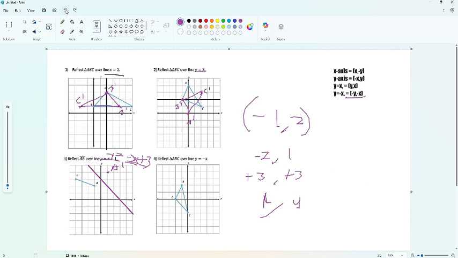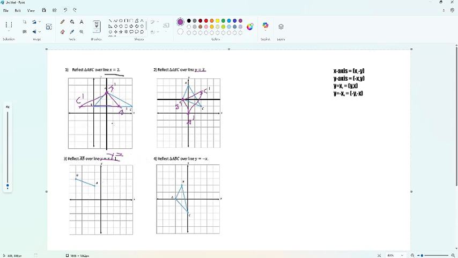Okay, let's try y equals x minus 3. I have not tried that. Y equals x minus 3. So -3 right here.